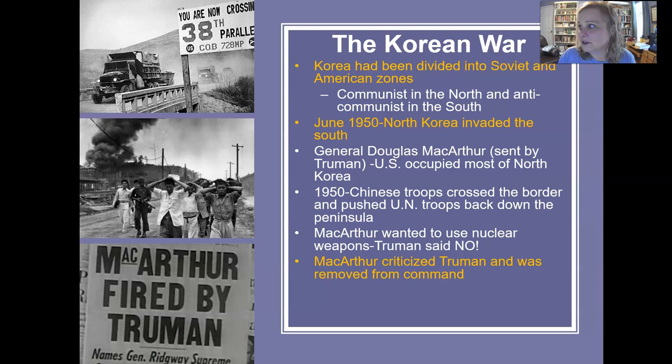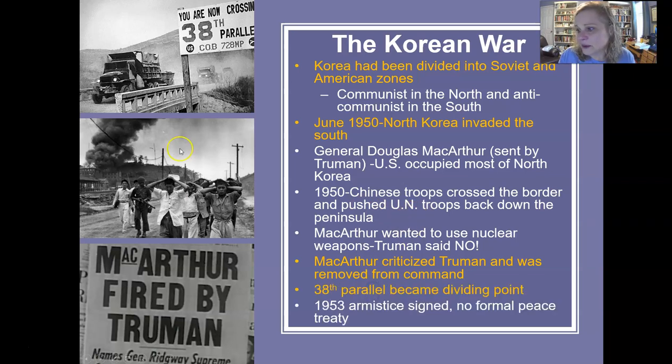He kicks him out, and brings in another general to take over. From there it goes on 3 years until Eisenhower is elected president. They basically call a truce, or not really; it was an armistice, which means they agreed to lay down their weapons, but no treaty was made by that. The 38th parallel becomes the dividing line.